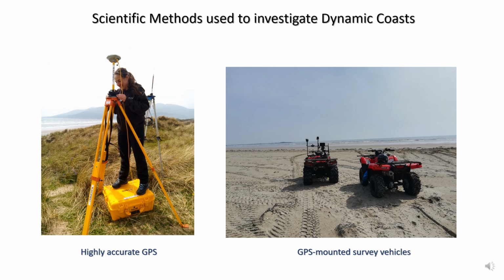We're trying to establish a very accurate location device that we then attach on moving vehicles. Then we have GPS mounted survey vehicles, and these are capturing vertical accuracy of less than a centimeter. So it's a pretty fast, effective way of gathering three-dimensional surface information.